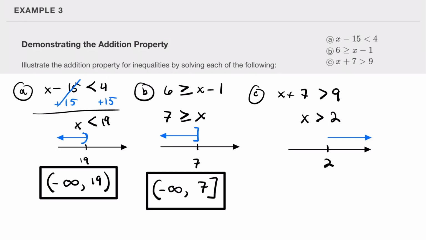We use a parenthesis because we don't include the 2. You can use a parenthesis or an open circle, but when we write it in interval notation, we need to use either parentheses or brackets. So we're going from 2 to positive infinity. Infinity always gets a parenthesis, and 2 in this case gets a parenthesis.